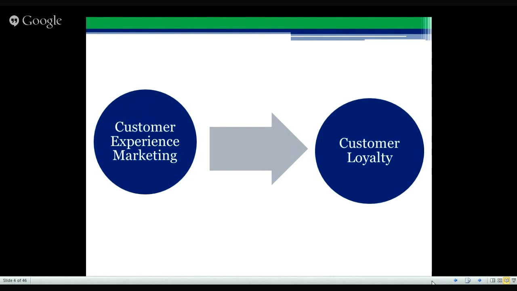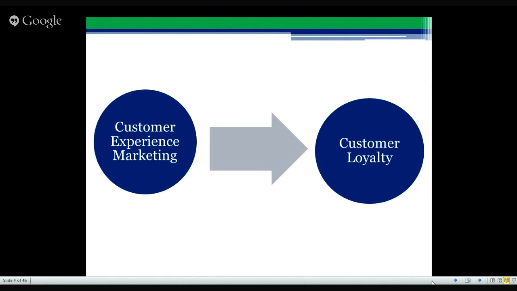So one really big idea is the best way to create customer loyalty is to have some type of customer experience marketing plan. The customer experience marketing plan really dives into understanding what it is the customer wants, what it is the customer needs, and creating the best experience possible for the customer to then eventually turn into a loyal customer.